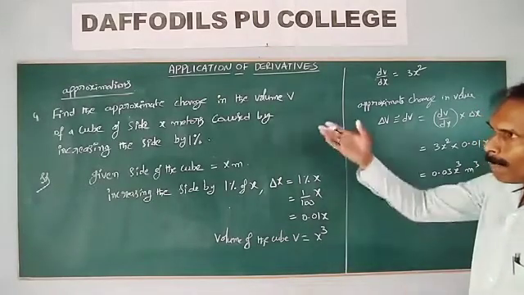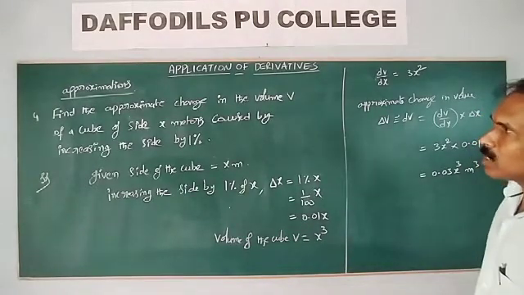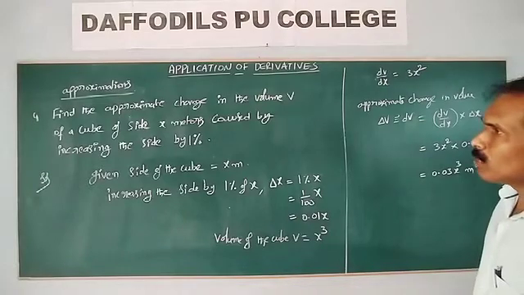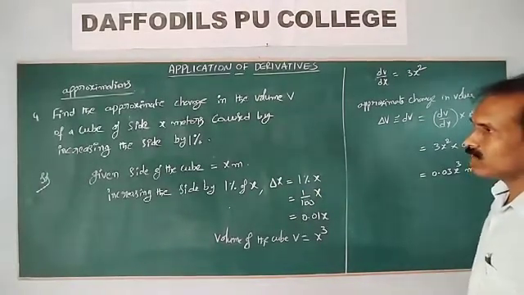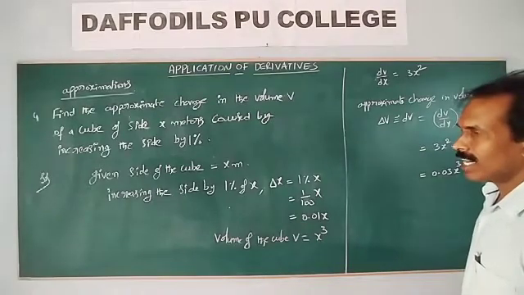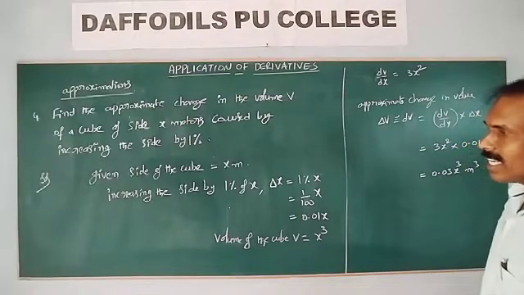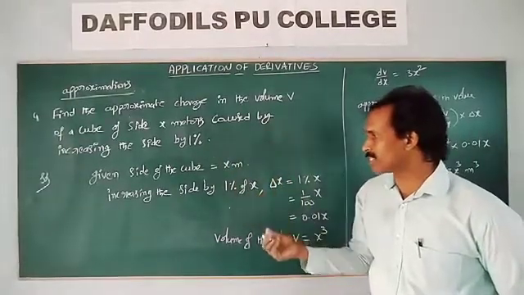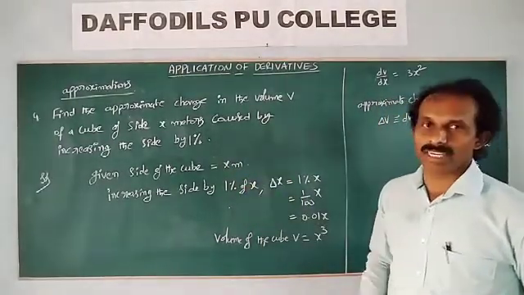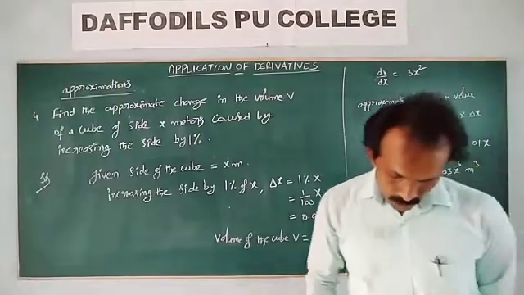First of all, given, find the approximate change in the volume, first take what is the side. Side is equal to, let it be x meters, and next increasing the side. How much increasing in side size? Suppose side increases 1%, 1% of the given side.